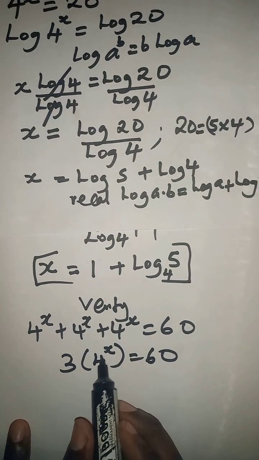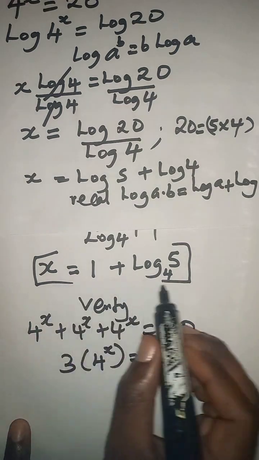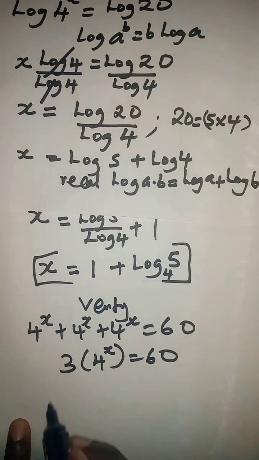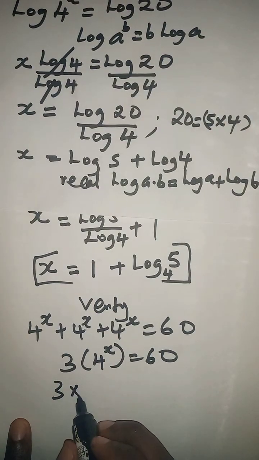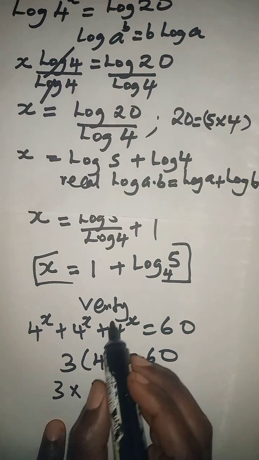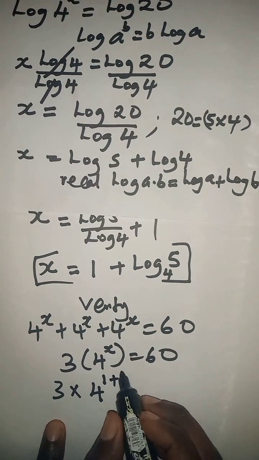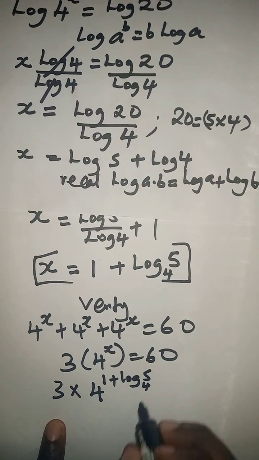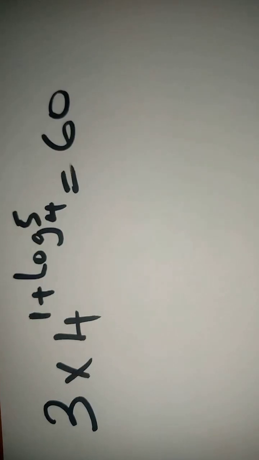Where there is x, I'm going to substitute all of this. So I'm going to get 3 multiplied by 4 raised to 1 plus the log of that.